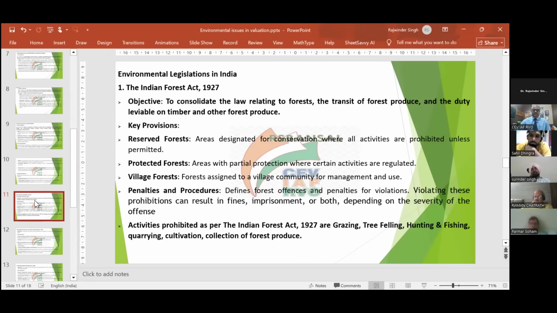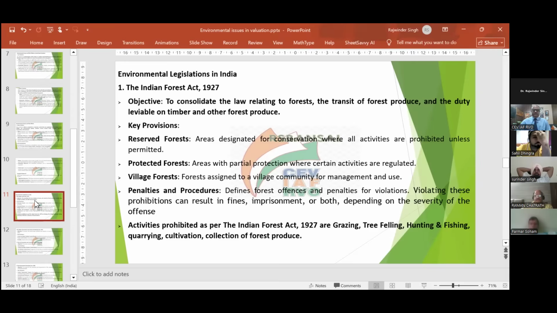What are the key provisions of this act? Under this act, certain designated areas are declared as reserved forest, where all activities are prohibited unless permitted. So there are reserved forests. Then the second type of forest is protected forest.